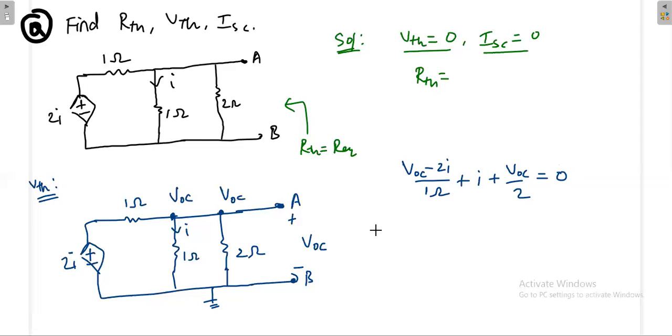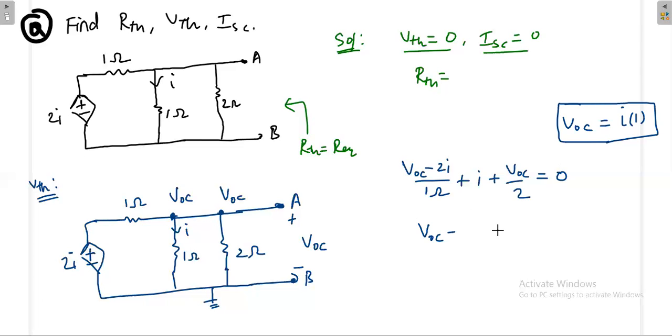So what is VOC? VOC means the voltage drop across 2 ohm or 1 ohm, that is I into 1. So finally VOC is equal to I. So you can replace I with VOC.